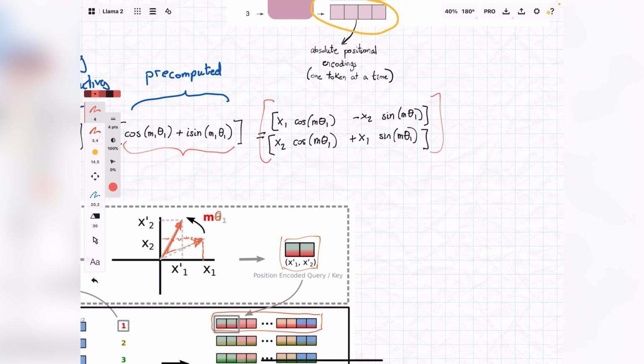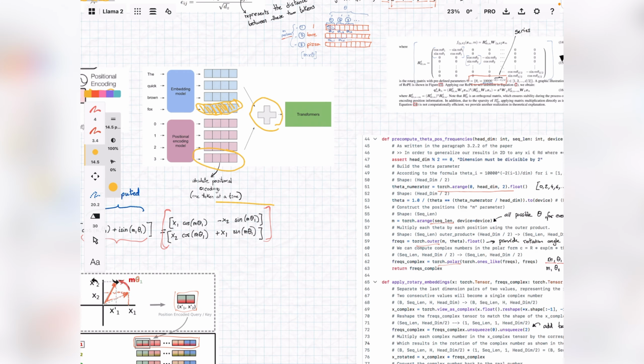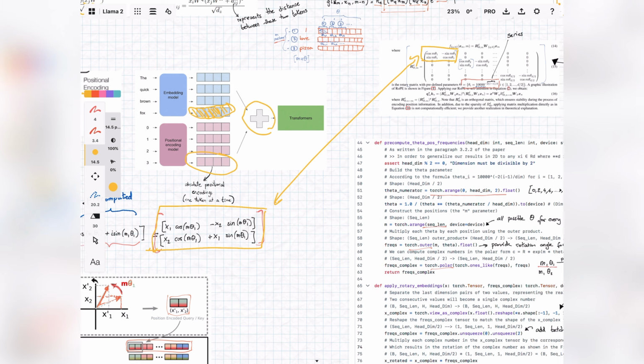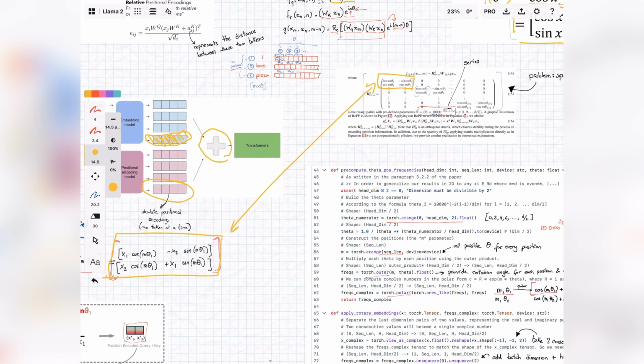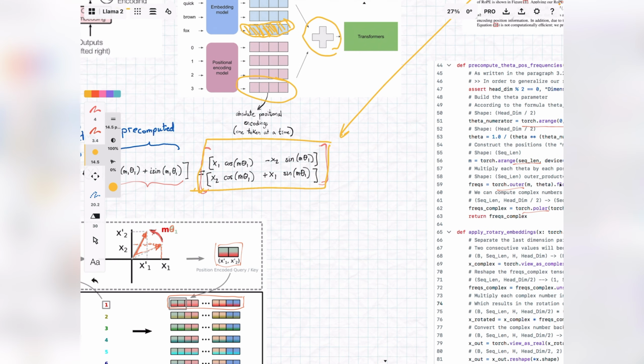That's your 2D rotation matrix in complex space. This 2D matrix, which only focuses on the first two dimensions of the entire token embedding, is actually the same as this one. Basically, this whole matrix is for different theta pairs, but for the same token position. So in other words, this is equivalent to your x times your R m theta.